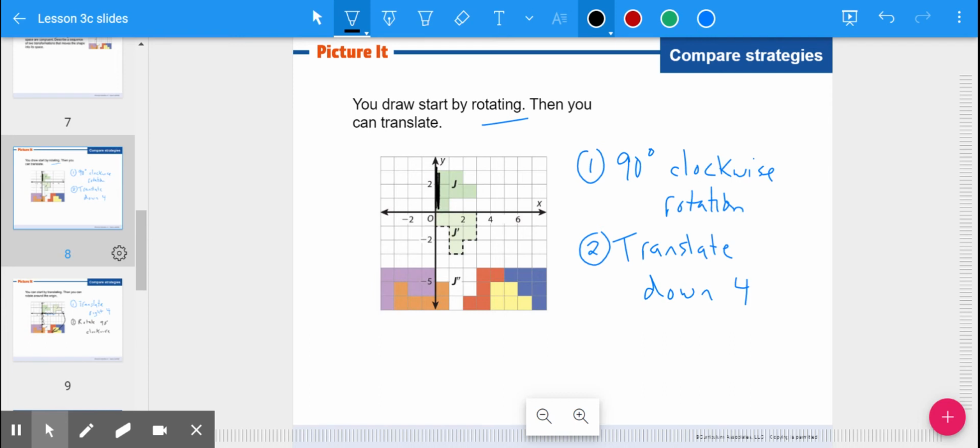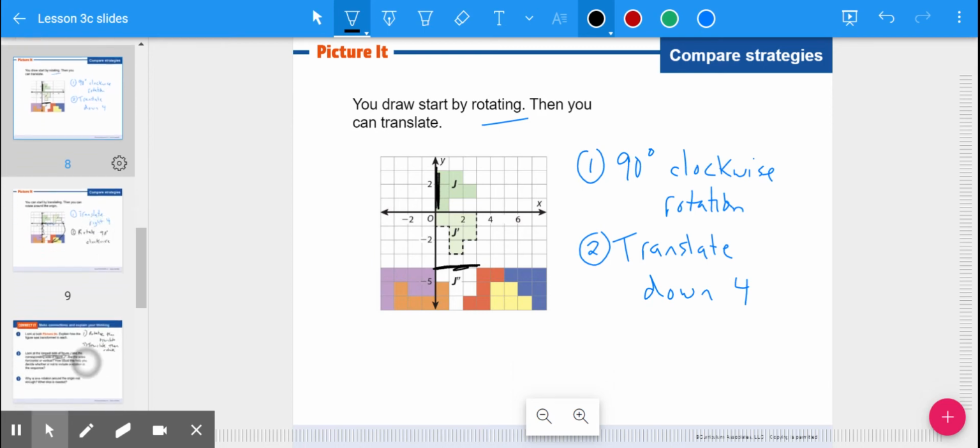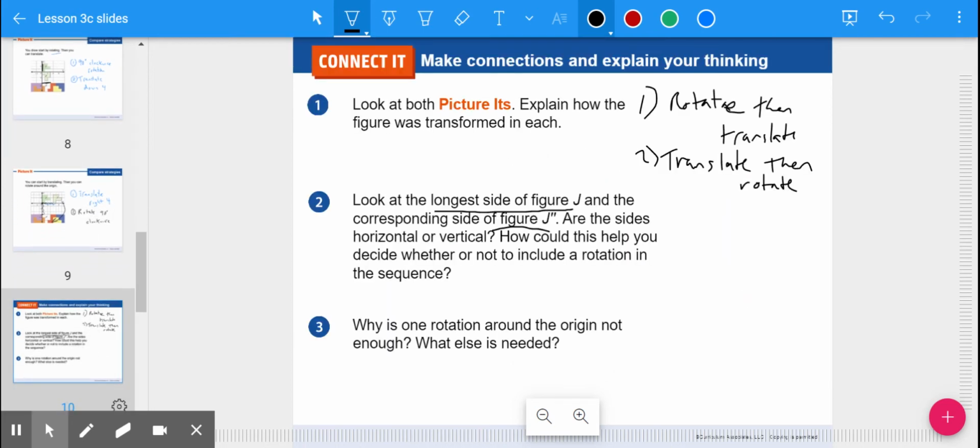And if you look at where it ends up in J double prime, it should be on the top. The question is asking, are the sides horizontal or vertical? For J, it's up and down, so it's vertical. And J double prime is horizontal, because it ends up on the top, so it goes left to right.